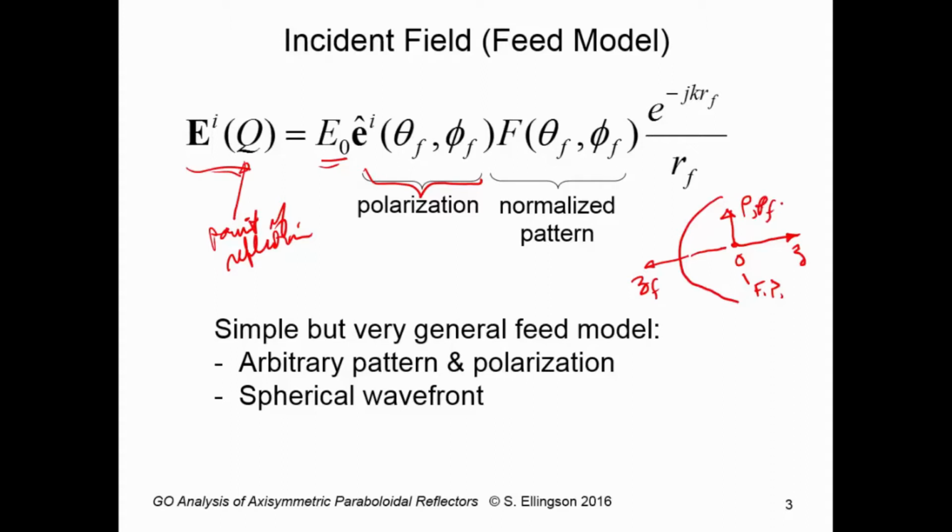So the idea was that we have these two coordinate systems really for notational convenience. Similarly, we have the normalized pattern of the feed parameterized in the feed coordinate system. And then, as usual, we describe the far field pattern of the feed as a spherical wave. So, a very simple but general feed model: arbitrary pattern, polarization, spherical wavefront. Those are the key ideas.